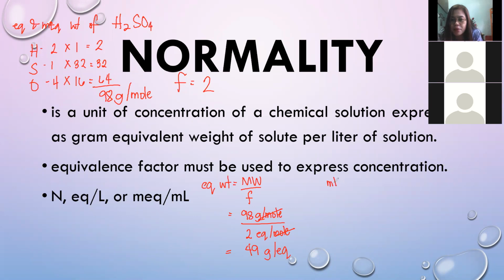And for the milli-equivalent weight, it's molecular weight divided by F times 1,000. Okay? So, molecular weight again is 98 grams per mole. And then, the F again here is 2, but this time since we are computing for the milli-equivalent weight, then this is milli-equivalent per mole.